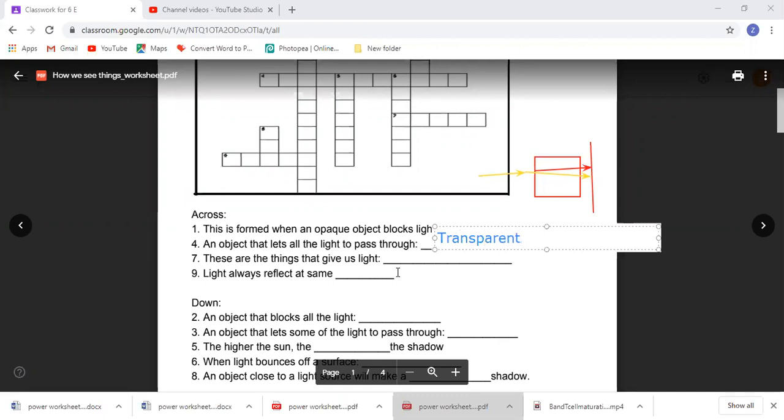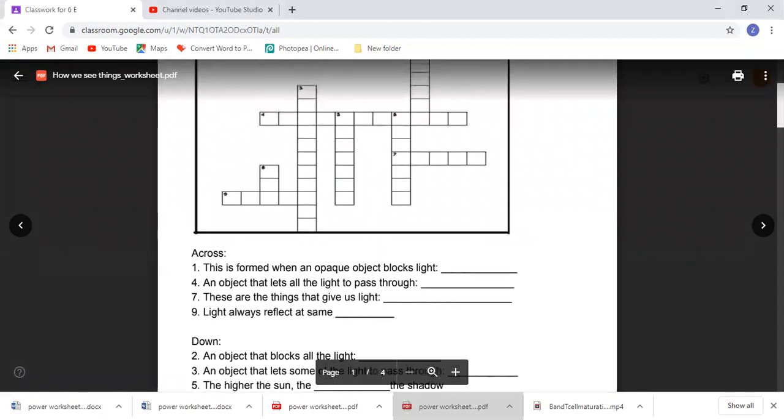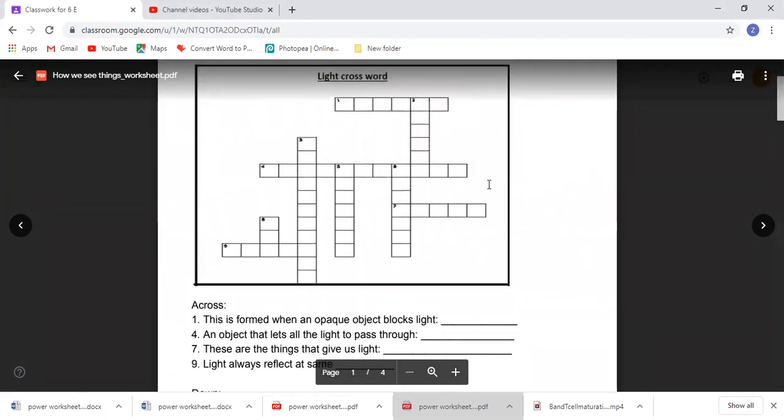Now, these are the things that give us light. Remember we discussed that light sources, or luminous objects, basically give us light. So I'm going to clear this. I'm going to look at word number 7 and see how many letters can come over there. These are the things of 7.